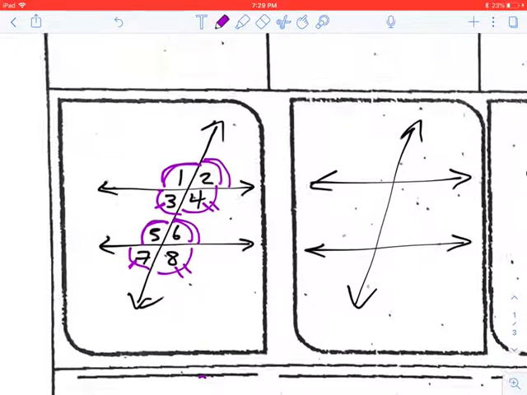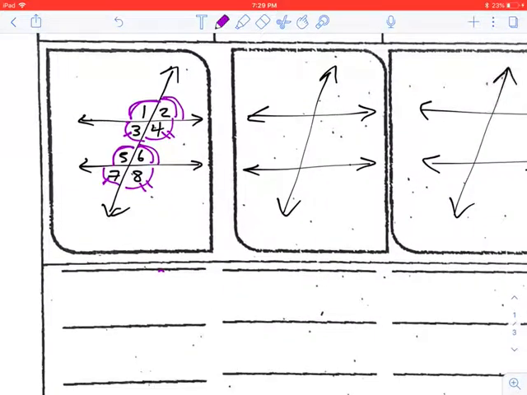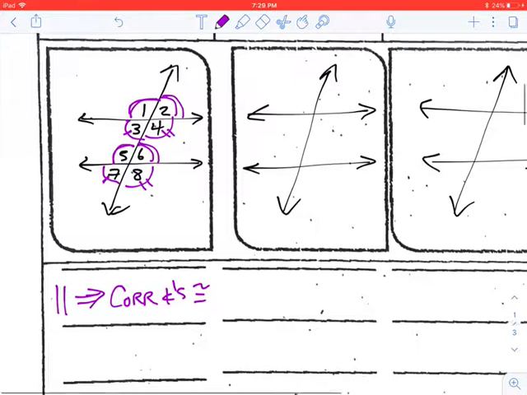So the reason I'm marking them the same is because if the two lines are parallel, then the corresponding angles are therefore congruent. Okay, and that's a theorem. So what we write as the theorem is parallel implies corresponding angles are congruent. That's our theorem.